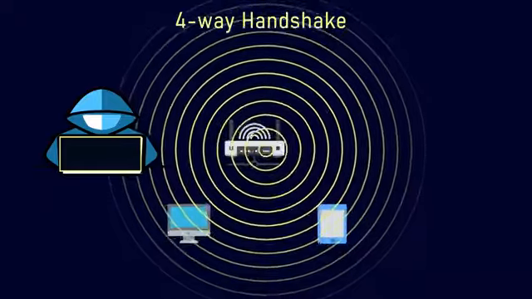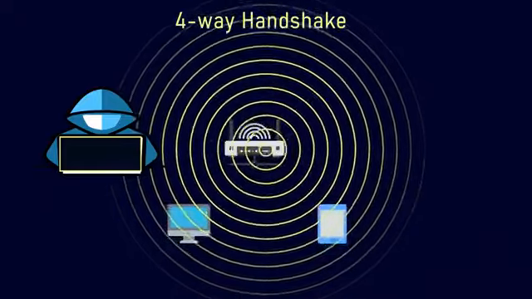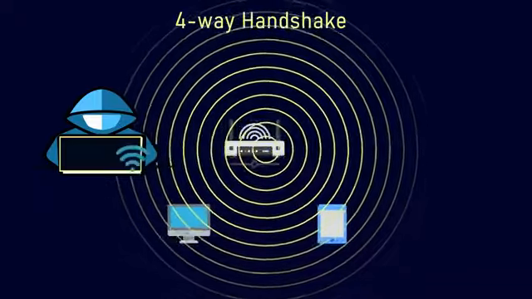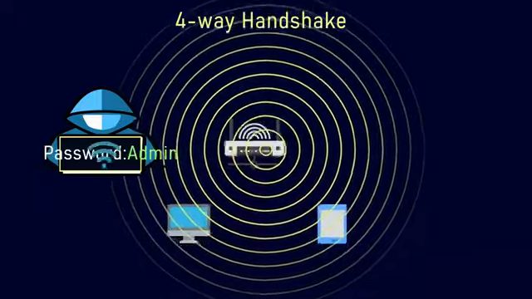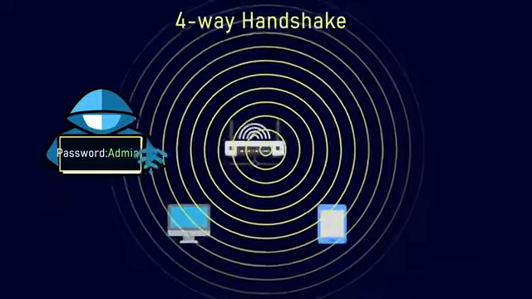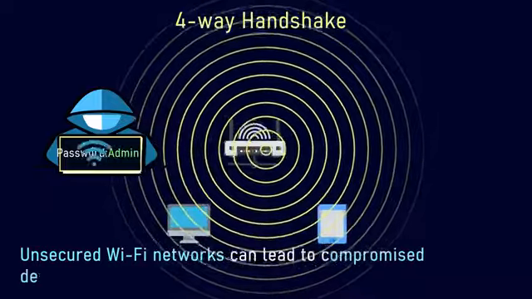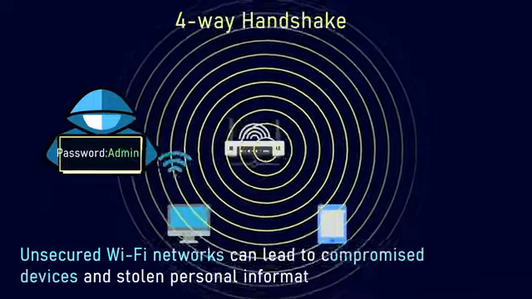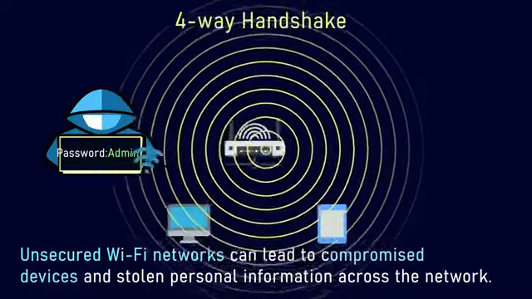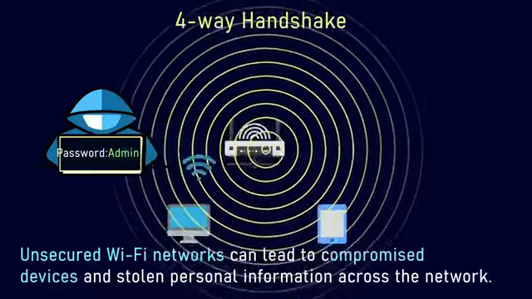If the network is not properly protected, hackers can easily intercept and steal your information by capturing the unencrypted or unprotected data. This can lead to compromised devices and stolen personal information across the network. Therefore, we need a mechanism to protect the data.